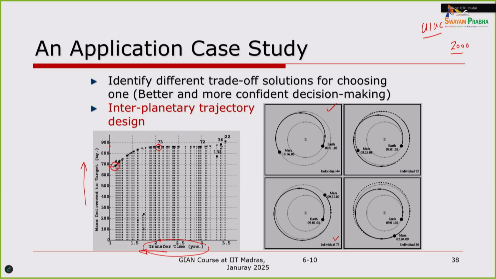So if you can find these alternate solutions, the mission managers, who are not actually running the optimization, a subordinate is going to run this, go with these 4 or 5 solutions to the mission manager saying these are the solutions I found, pick one from it, and the mission manager has his own goals in mind, sees how long they can wait, when they can deliver, and decides based on this. This is the power of multi-objective optimization.